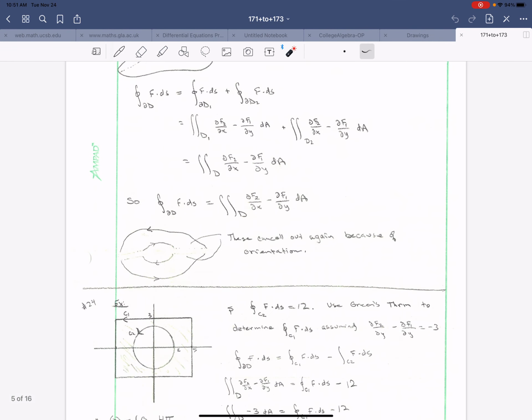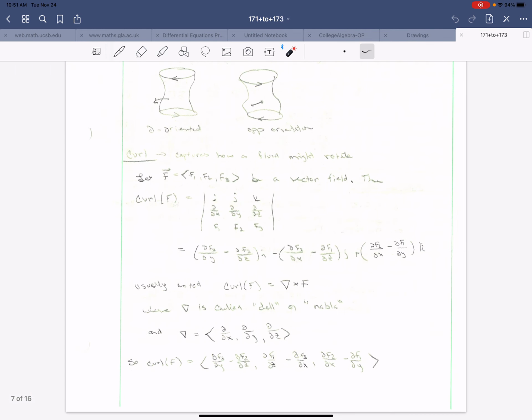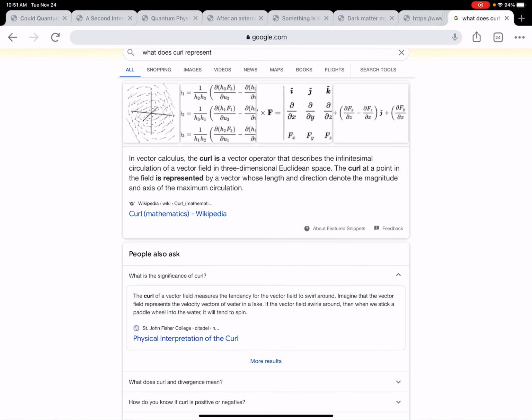And then when we get to finally curl, here is the most important piece for right now. And that's that curl captures how a fluid might rotate. So I brought this up, and you can see that it says in vector calculus, the curl is a vector operator that describes the infinitesimal circulation of a vector field in three-dimensional Euclidean space.